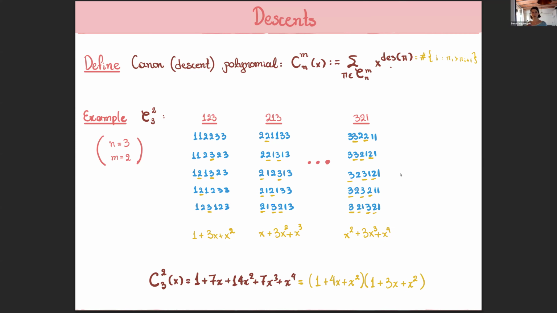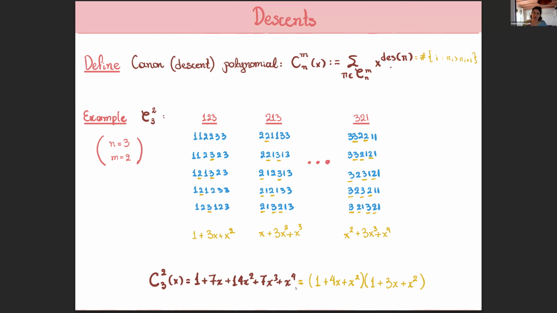So here I have an example for the case n equal to 3 and m equal to 2, where I have split them according to their underlying subsequence. And this gives me all Canon permutations. Then if I look at each of them and identify the descents, I can form their descent polynomial, and it's going to have coefficients 1, 7, 14, 7, 1.